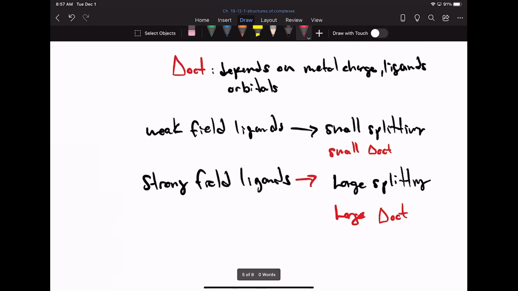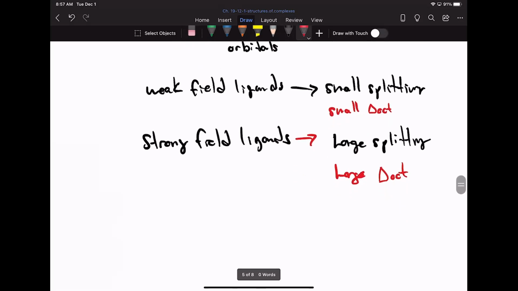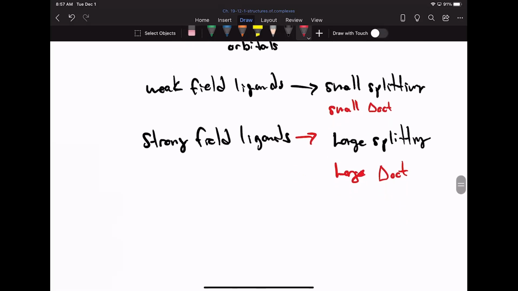As far as ligands go, I'm not going to give you every single ligand, but I will give you ligands that we may see on the exam or in your homework. A ligand can simply be a halogen.